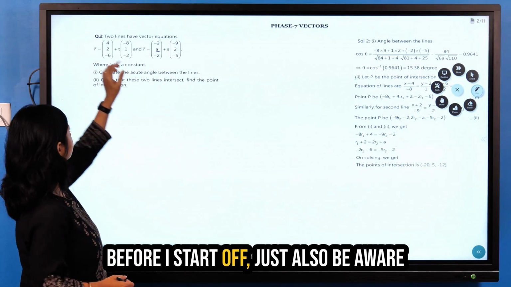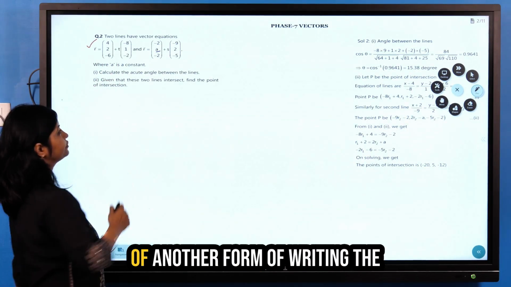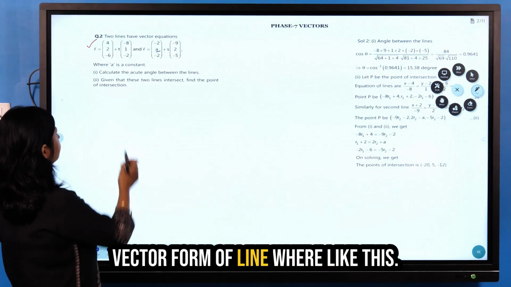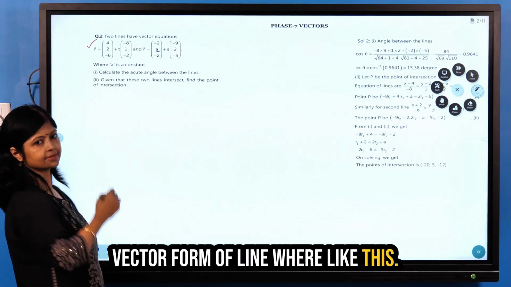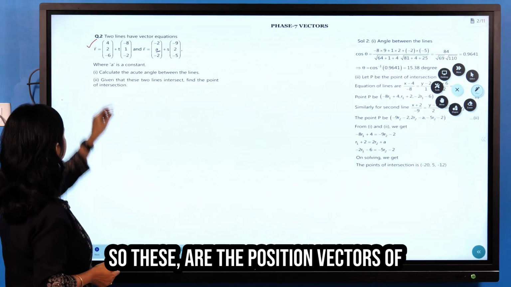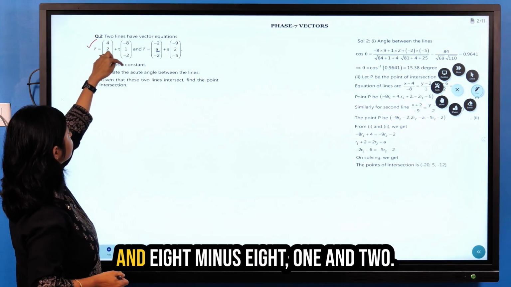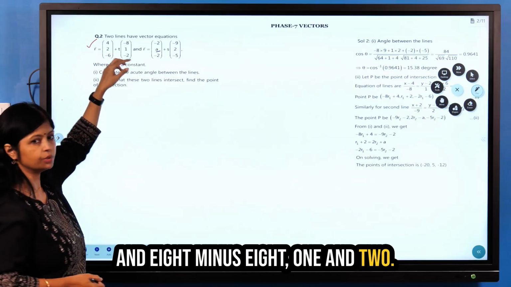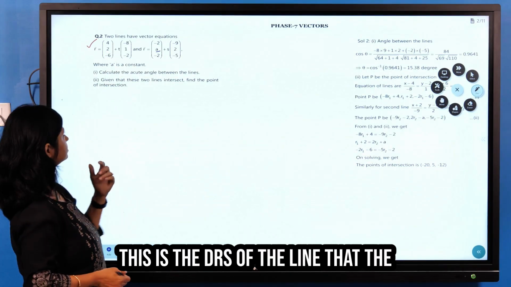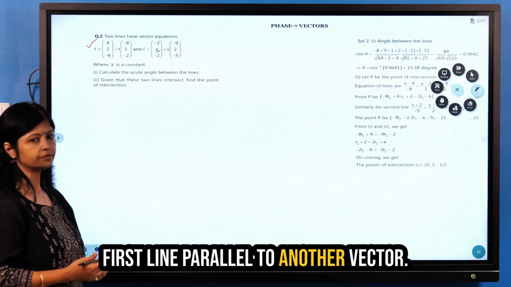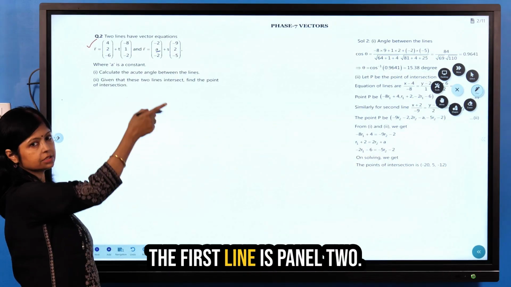Before I start off, just also be aware of another form of writing the vector form of a line, like this standard form. So these are the position vectors of the point that lies on the first line, and 8, -8, 1 and 2 are the DRs of the line, the vector the first line is parallel to.